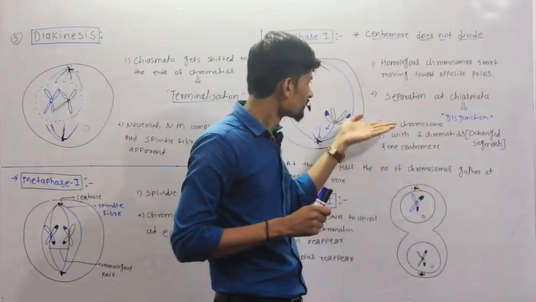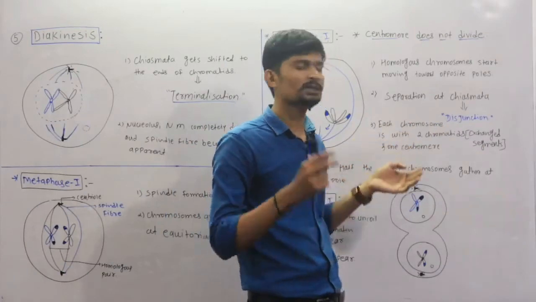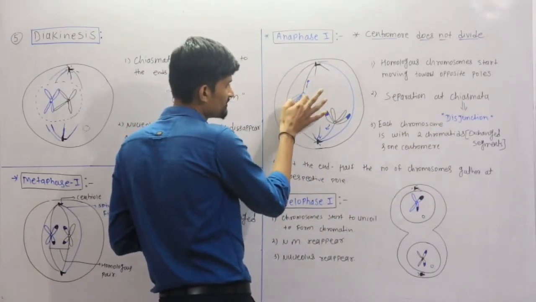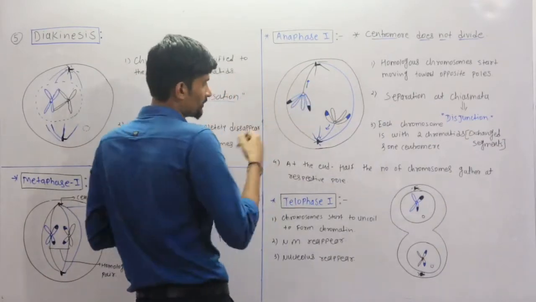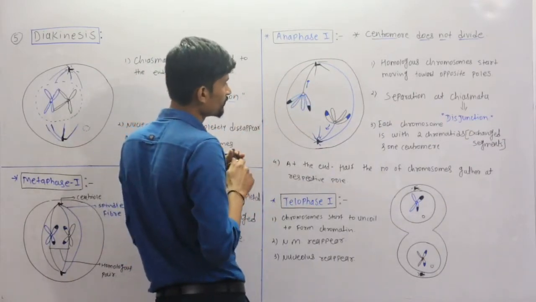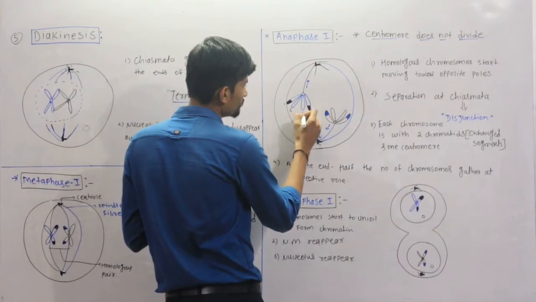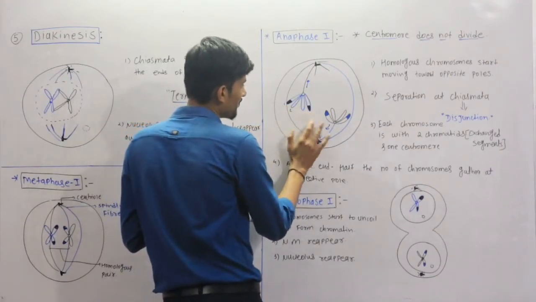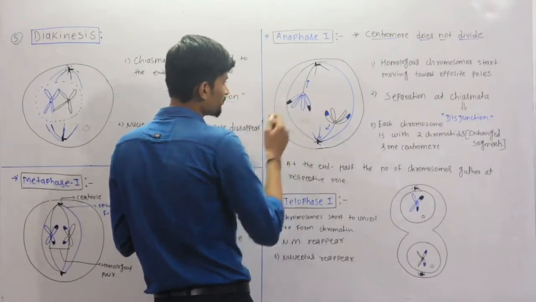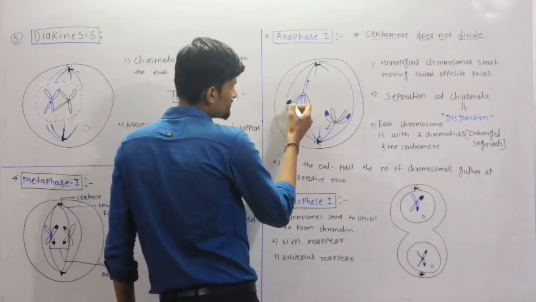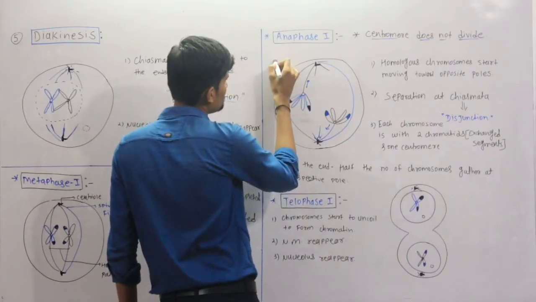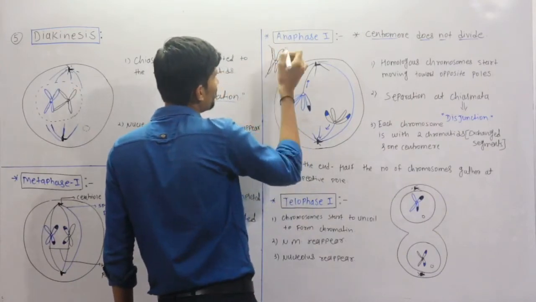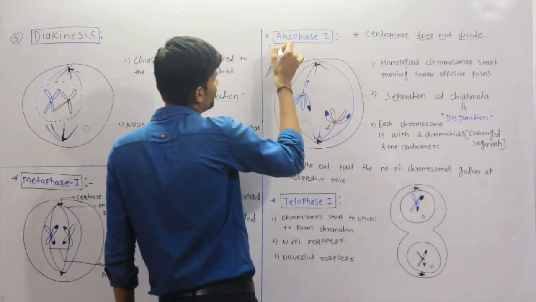Next point, each chromosome has 2 chromatids. This is one complete chromatid and this is one complete chromatid. So 2. Don't confuse it and count 1, 2, 3, 4. That is wrong. I told you in the last topic that this is one complete chromatid. Suppose this is the structure of a chromosome. This is a complete chromatid and this one is a complete chromatid. So 1 and 2.